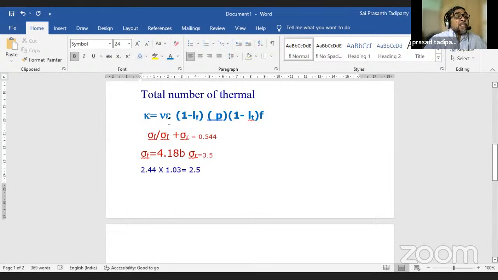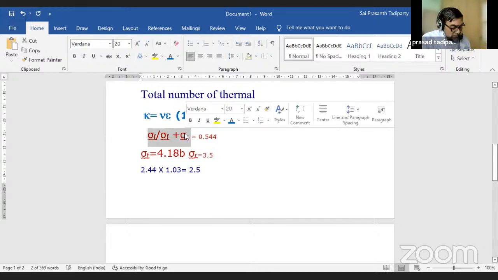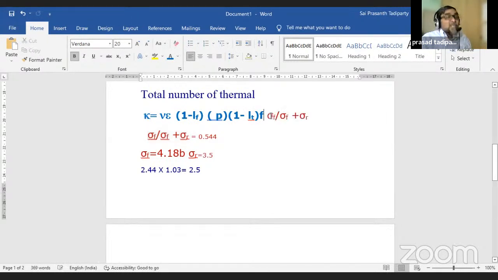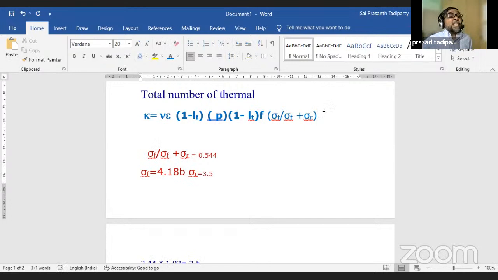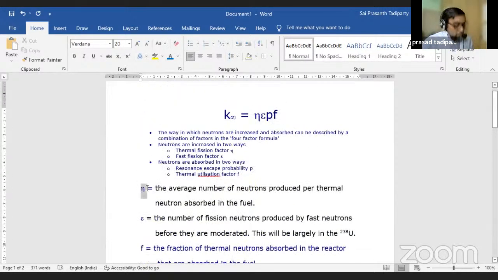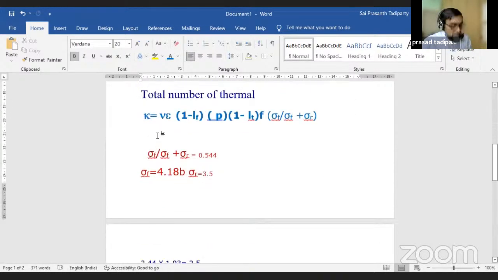So here, replacing this nu sigma, the term sigma f by sigma f plus sigma r, multiplied by nu, we can replace with eta.